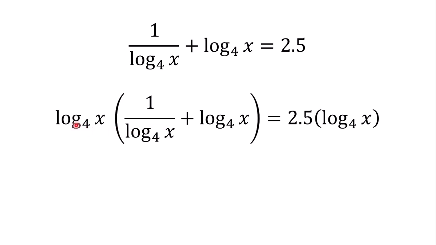This times this will cancel out, and you will be left with 1. Now this times this one will give us log of x to the base of 4 all squared. Please mind you, this one is not log x squared to the base of 4, no, but rather log of x to the base of 4 all squared.